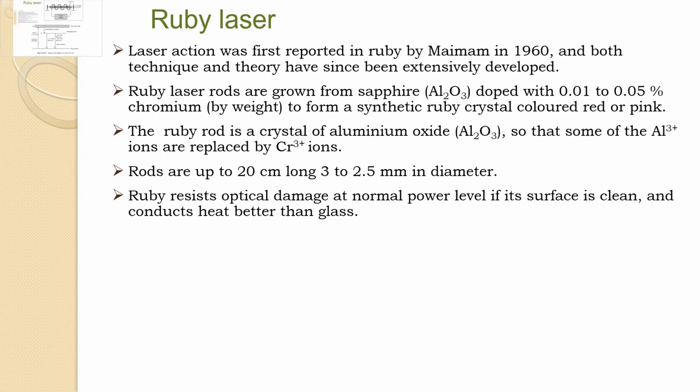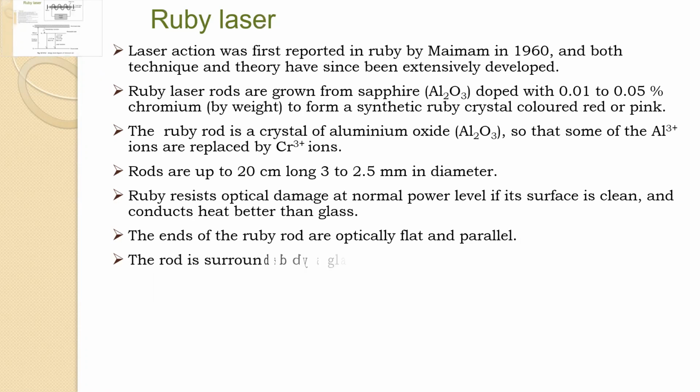And the ruby resists the optical damage at normal power level if its surface is clean, and it conducts heat better than glass. The ends of ruby rods are optically flat and parallel. The rod is surrounded by a glass tube.